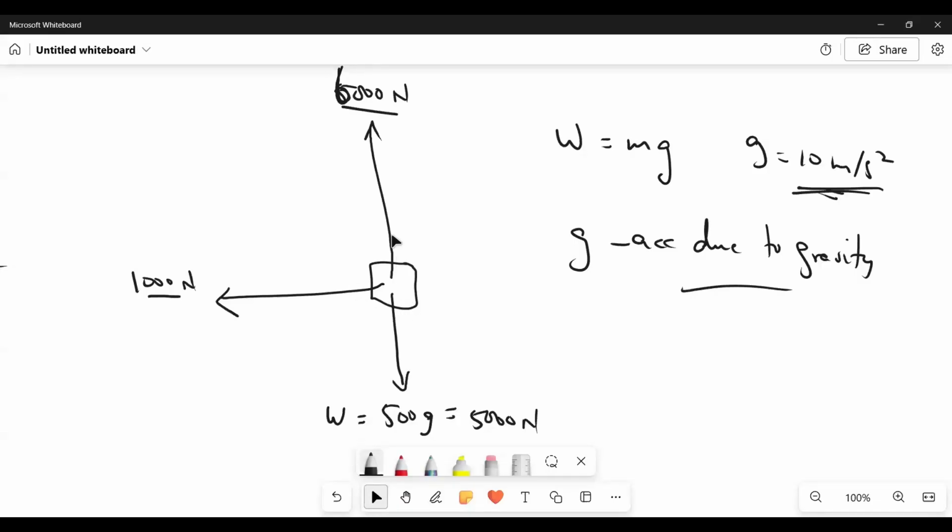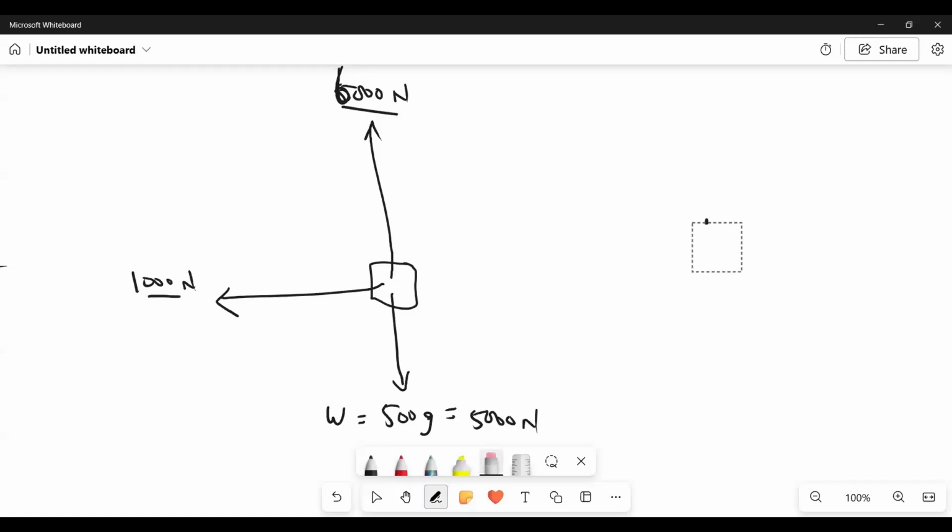Now, what we see here is that we can use simple arithmetic. Maybe I can remove this now, right? So what we're trying to do now is simplify this model, right?